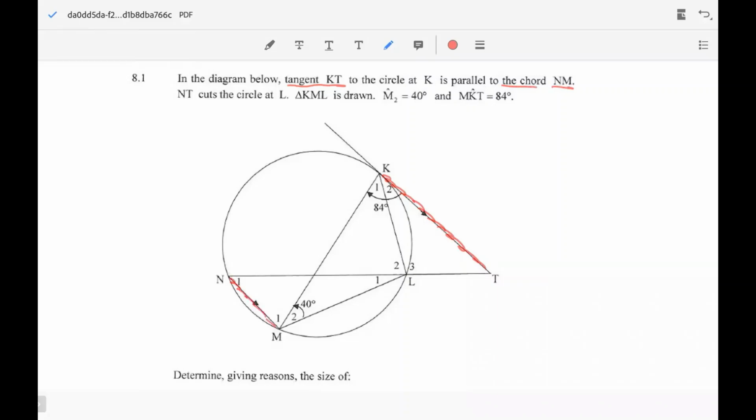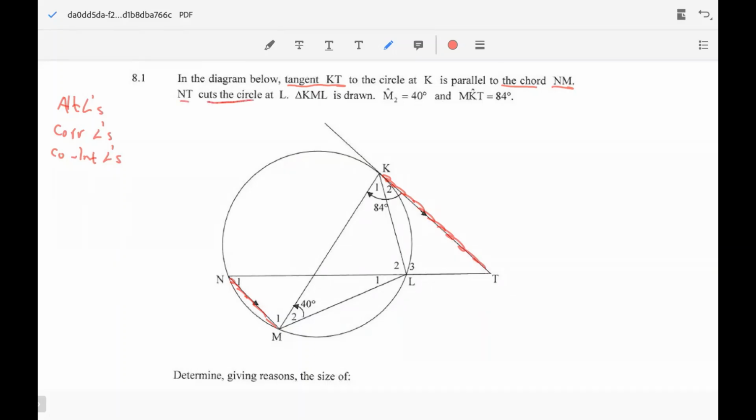So these two are parallel. Since they are parallel, they will give us alternate angles, corresponding angles, and co-interior angles. So this is what we always look out for every time we come across parallel lines.